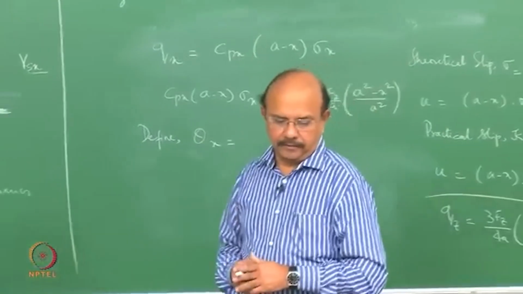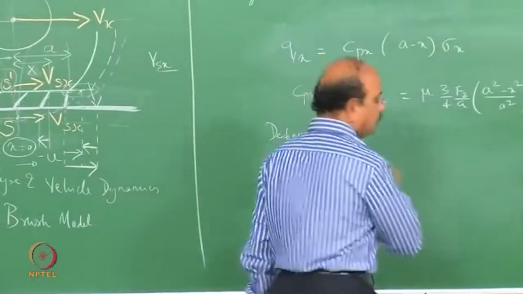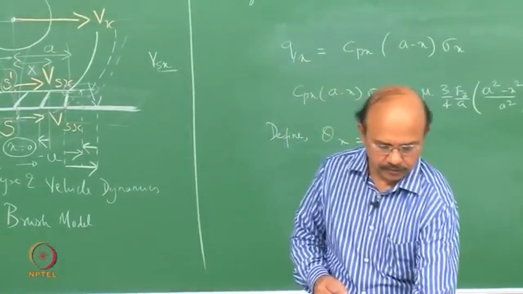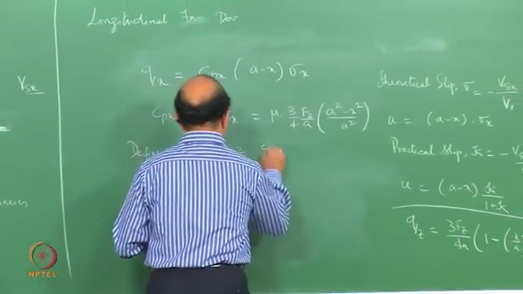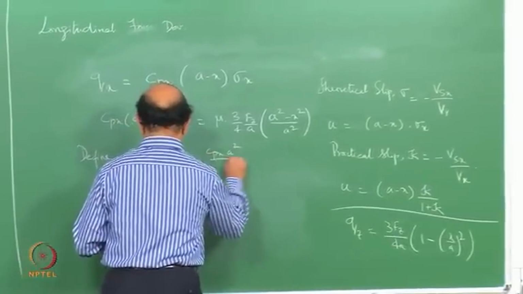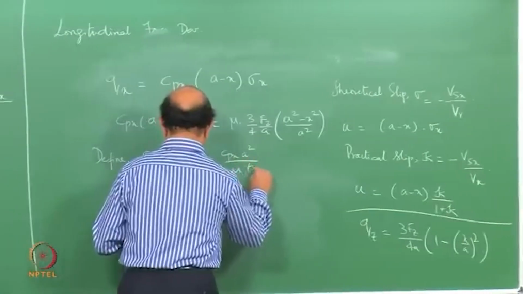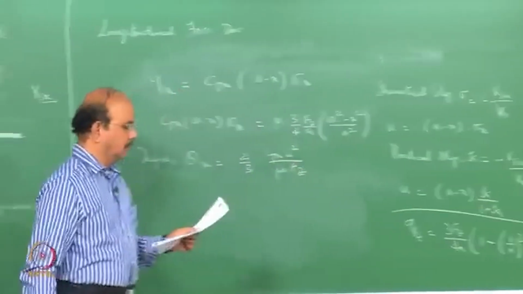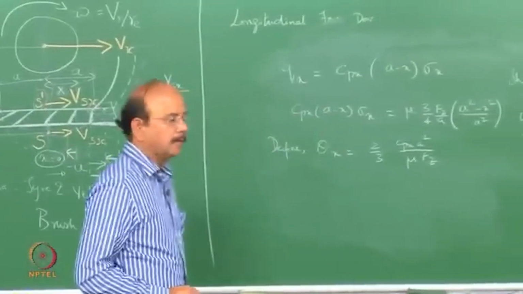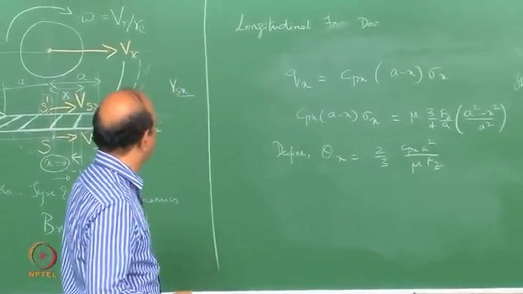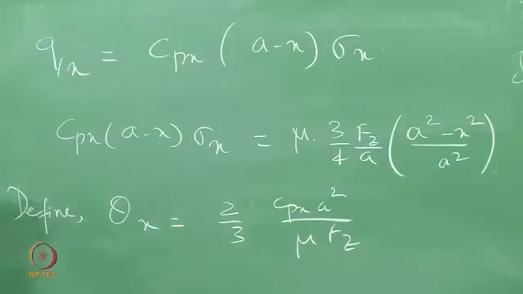Let's define theta x to be 2 by 3, Cpx a squared by mu into Fz. Okay, let me simplify this expression now.